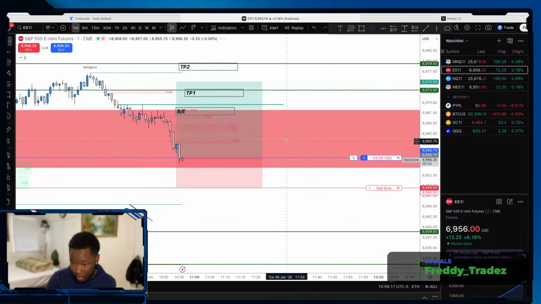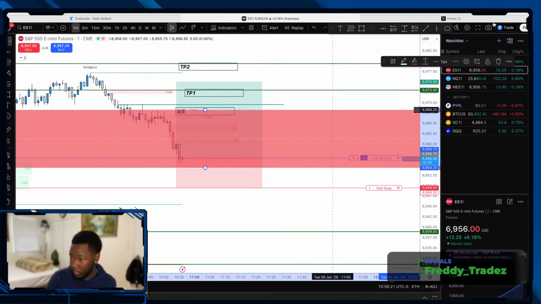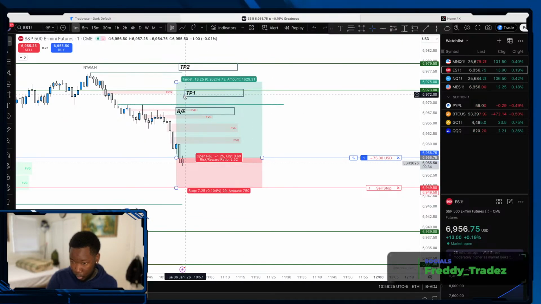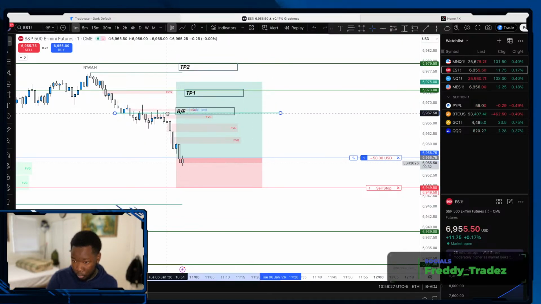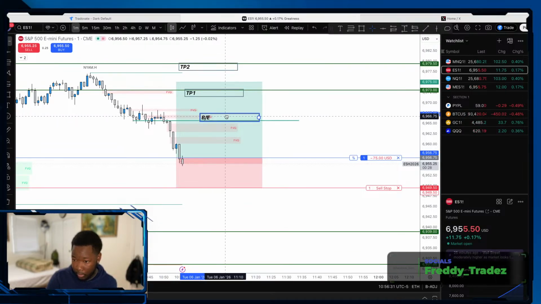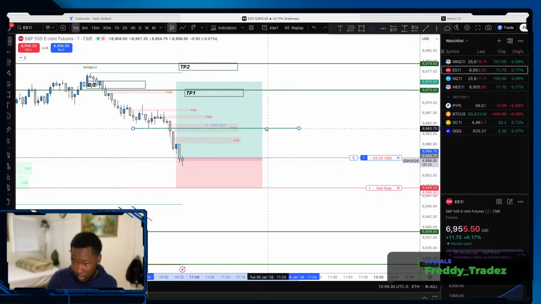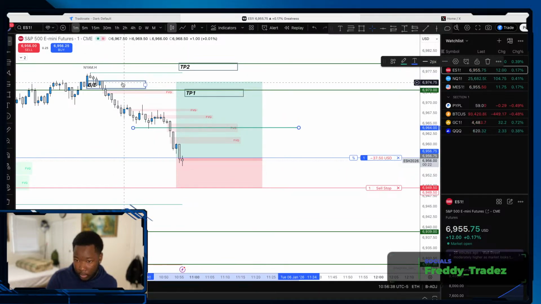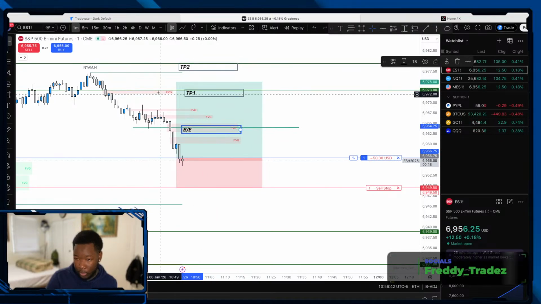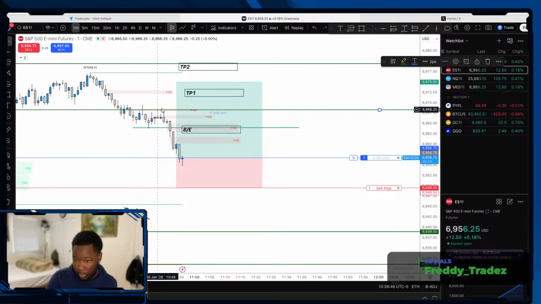Let me adjust these targets. And also break even around here. Nope, nope, nope. We can definitely have a break even up at this gap. Take profit one, switch it to up here.